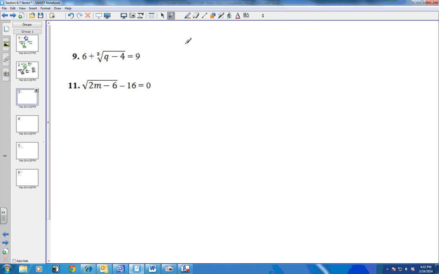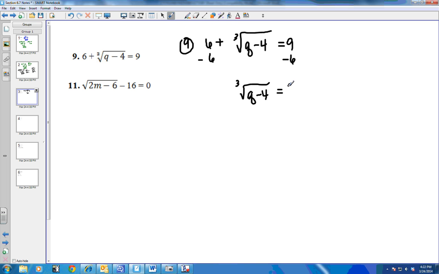Number 9. 6 plus the cubed root of q minus 4 equals 9. So first of all, I need to isolate my radical by subtracting 6 from both sides. I have the cubed root of q minus 4, and that's going to be 3.